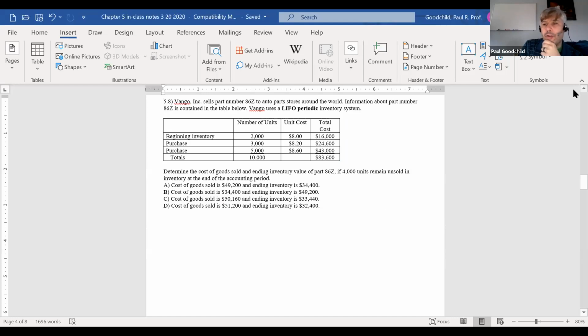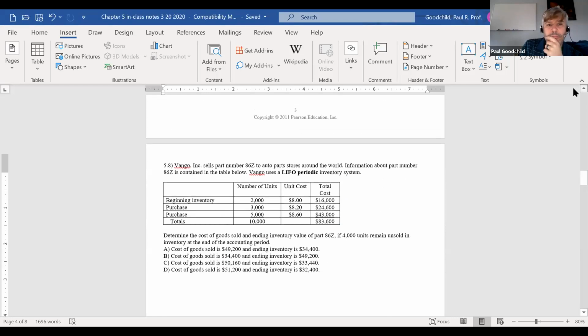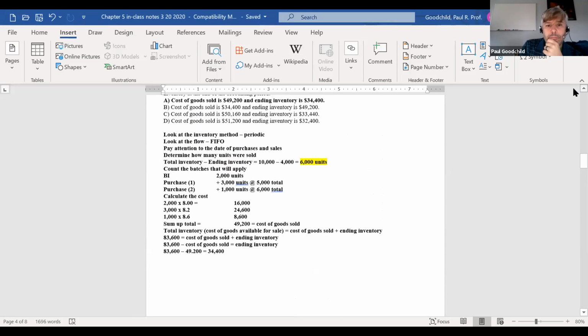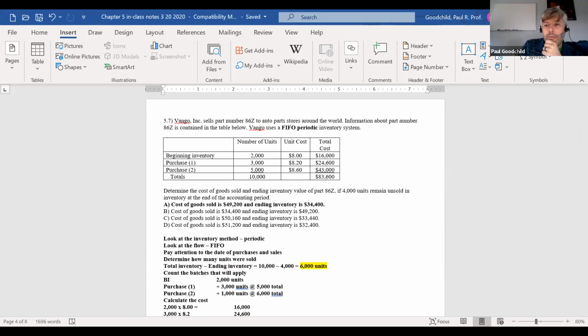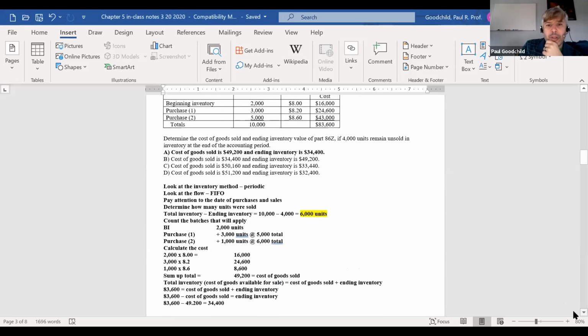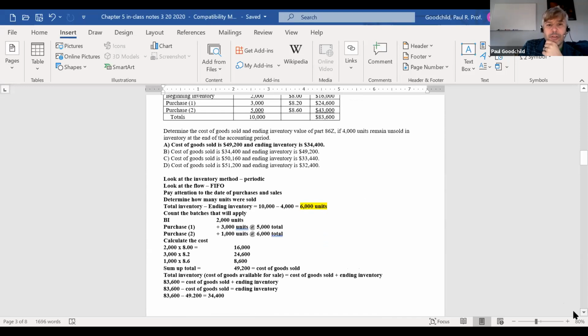Yeah, so the other question was, if you want to do the ending inventory, could you just take the 4,000 and multiply it times the batch price? And you could.